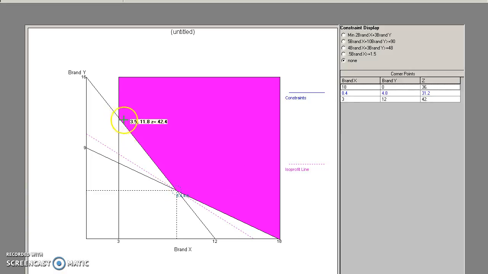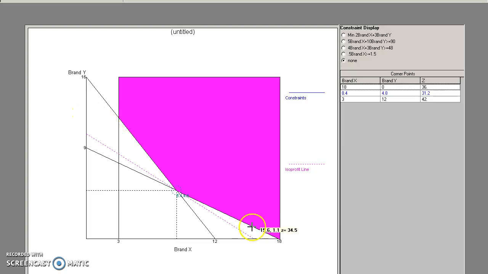And so we look at the feasible region, and the lowest feasible region really is the corner points. We could have this much of brand Y. What's that?